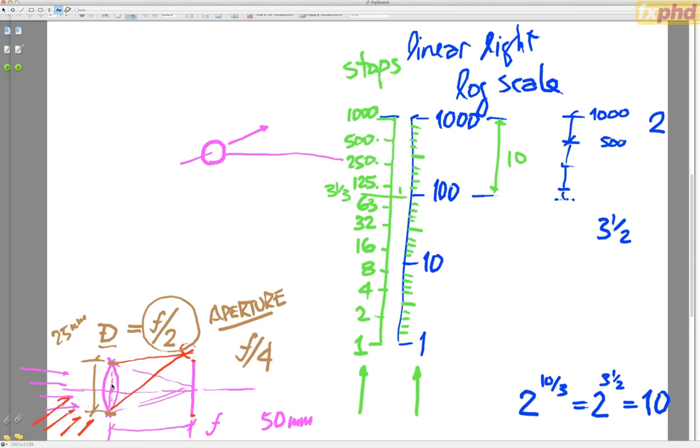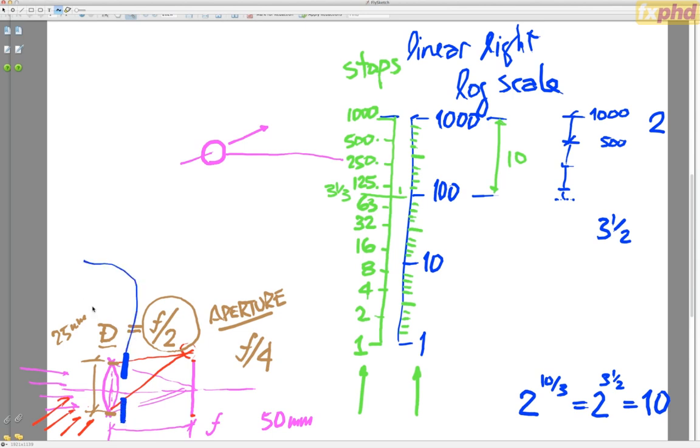Now, as we all know, we don't typically change the glass out to change the aperture. Instead, we rely on the lens to have a variable element somewhere in the middle of the lens that stops light to a certain extent.